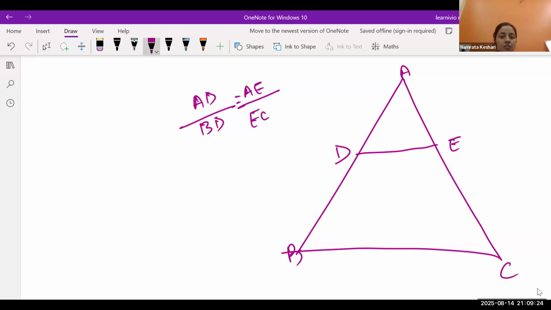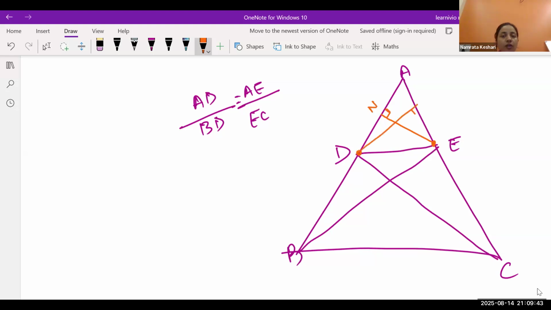Construction means we will be joining B with E, we will be joining C with D. Apart from that, we will be dropping one perpendicular from the vertex E, and we will draw an altitude over here, and we can call it N. And from the vertex D, we will drop an altitude over here, and we will call it M. So far, is it clear to all of you? Yes, ma'am. Okay, the construction and everything.